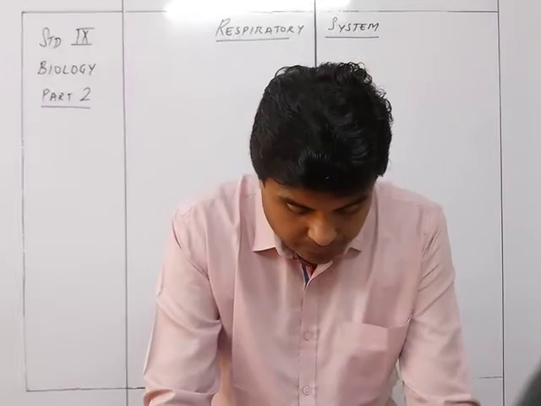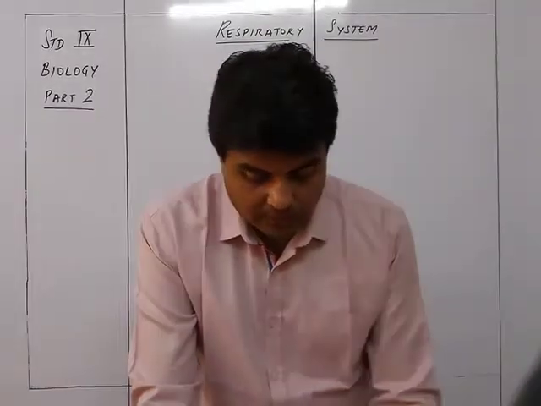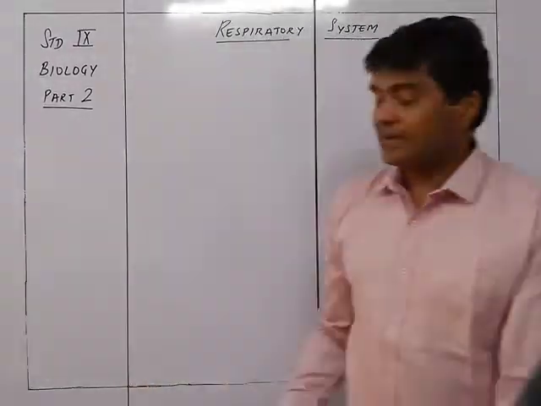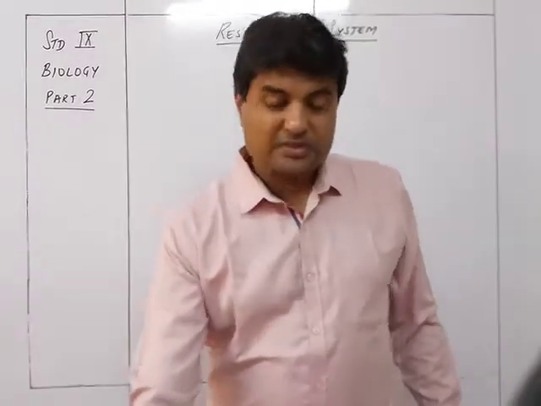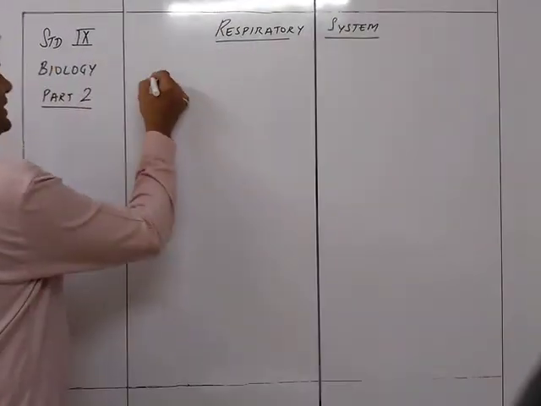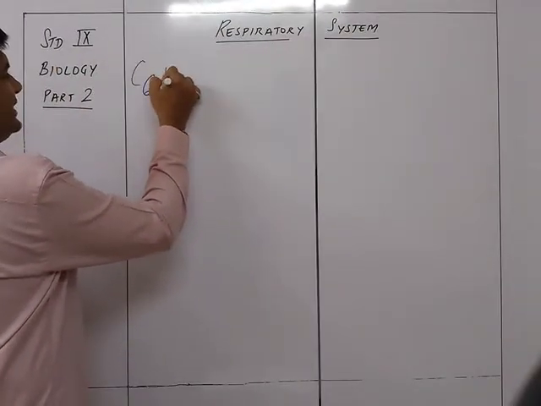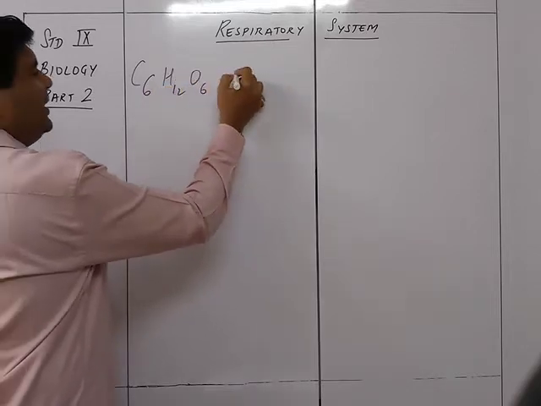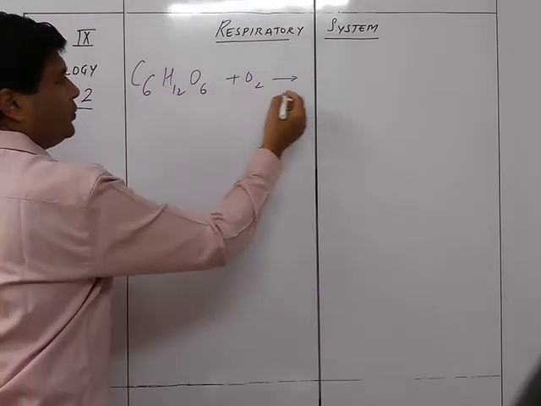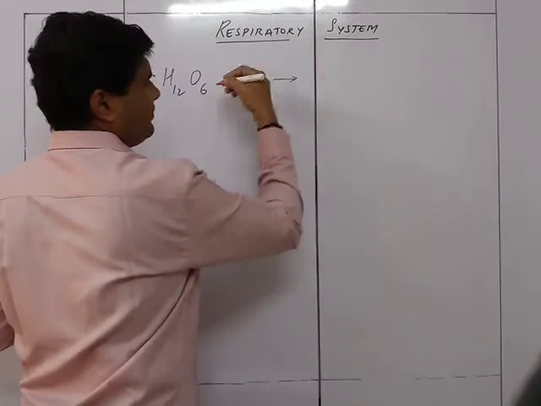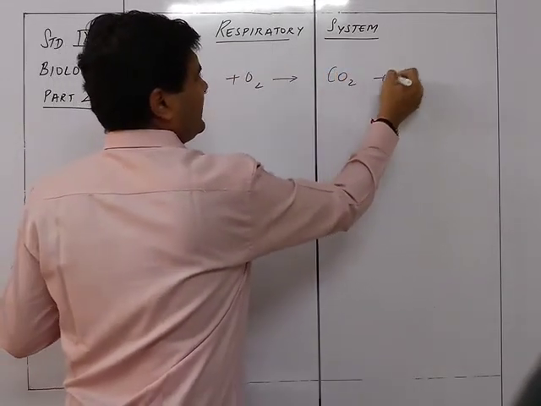Okay, so see, H plus ions, where do they come from? It is basically about C6H12O6. C6H12O6 plus O2 is going to give you CO2 plus H2.